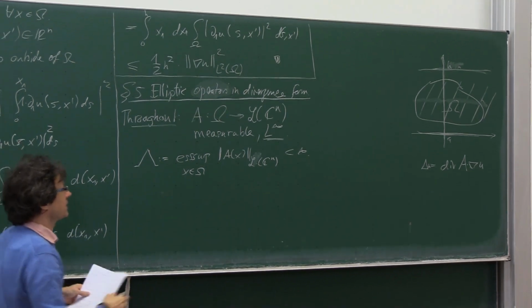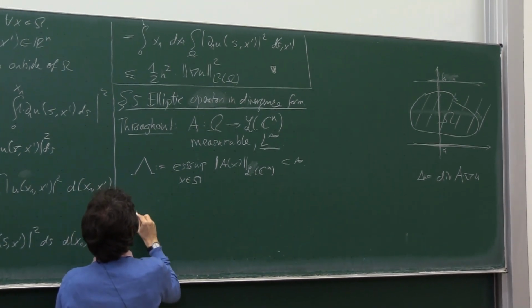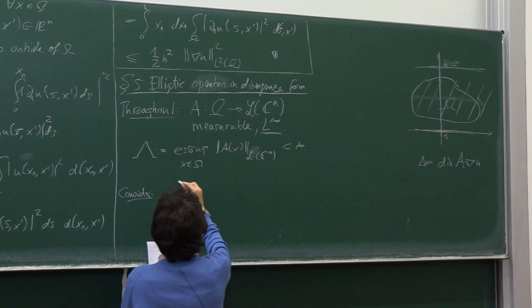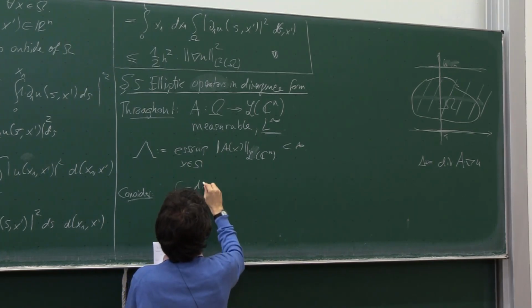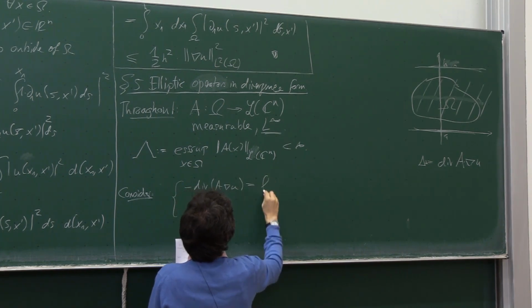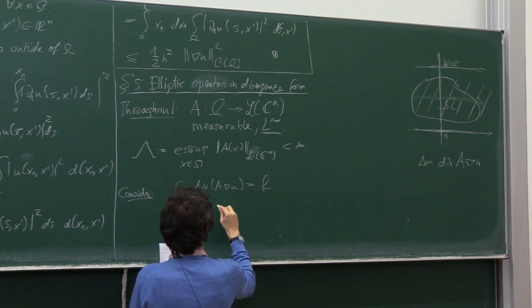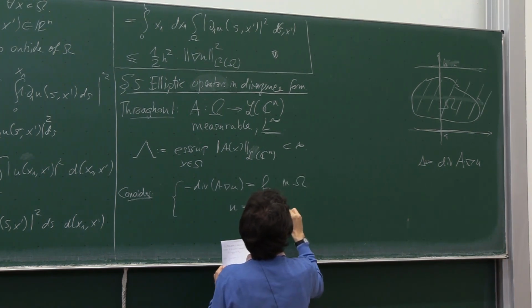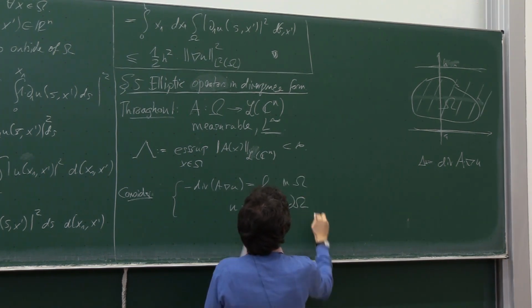Okay, and now we consider the corresponding elliptic partial differential equation to this differential operator. So we look at minus divergence of A gradient u equals f with Dirichlet boundary conditions. So this should be fulfilled in omega and boundary condition 0.